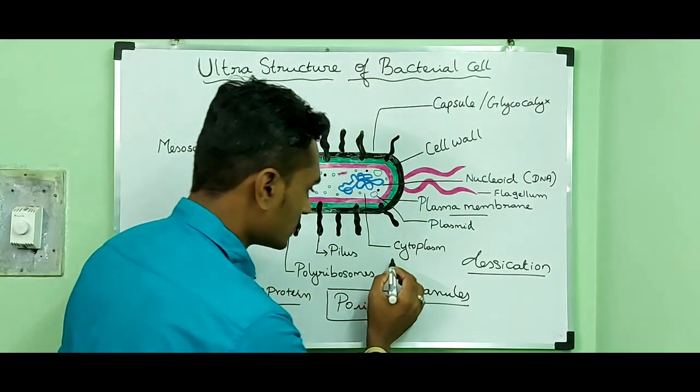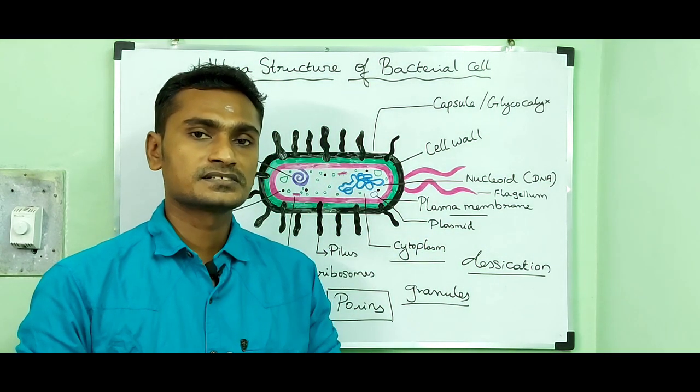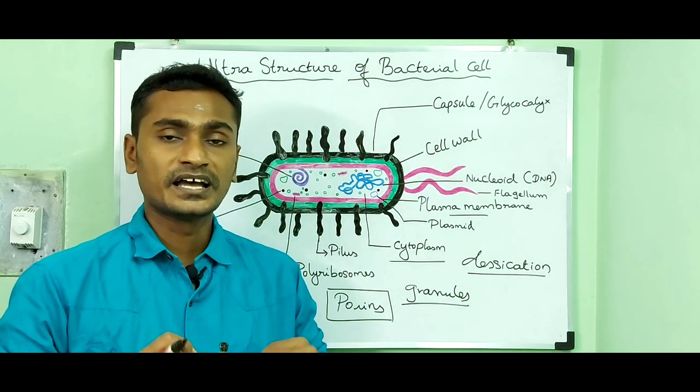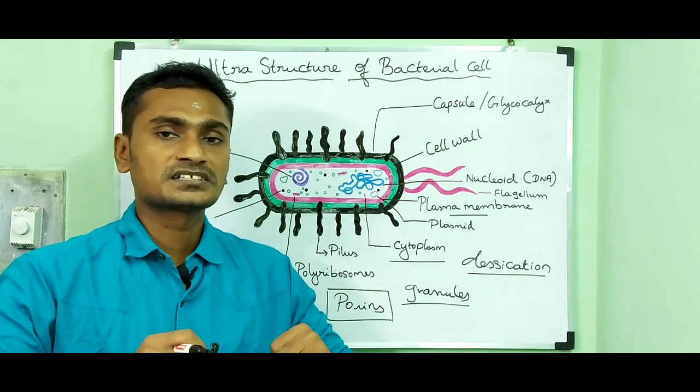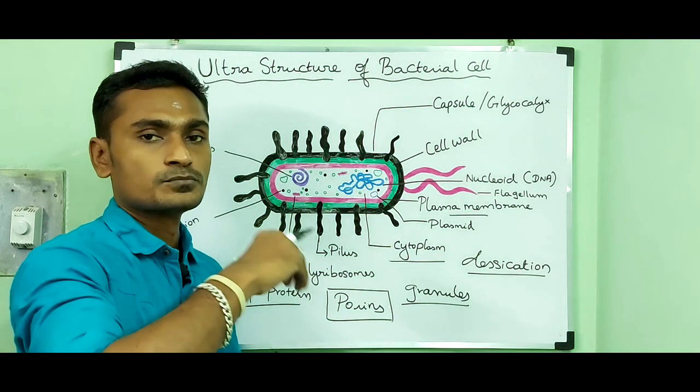Now I am going to tell about the cytoplasm. The bacterial cytoplasm is thick and semi-transparent. It contains inclusions and ribosomes.